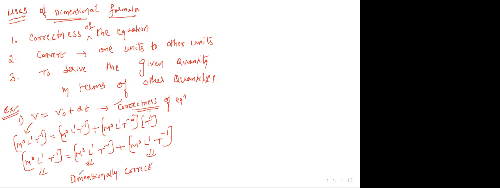So please remember, students, how to check the correctness of an equation. You have to write the dimensional formula for all the terms. If the dimension is the same for all the terms, then you can tell the given equation is dimensionally correct.